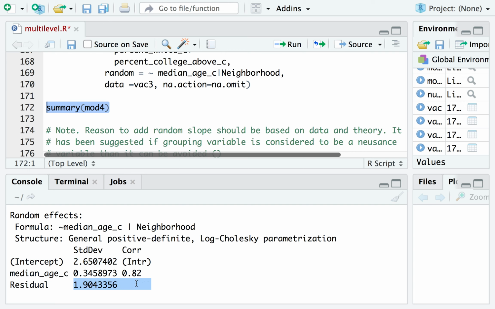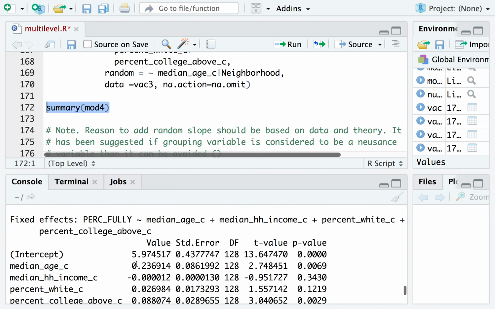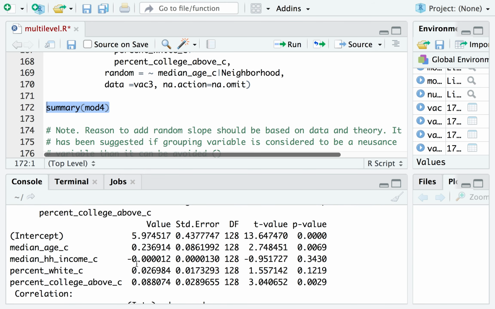It also gives you the correlation between the intercept and the slope that I included. 0.82, a high positive correlation, would indicate that as the intercept mean increases, you would also expect the slope to increase. Now, scrolling down, we can look at whether this impacted anything or not.